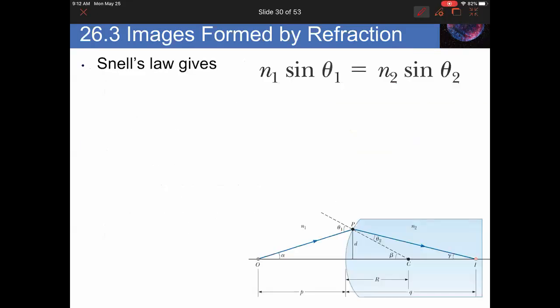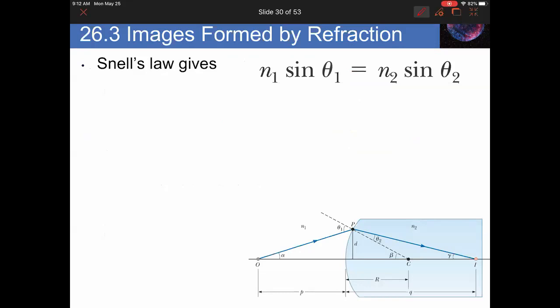So remember Snell's law: n1 sine theta 1 equals n2 sine theta 2. This type of image is a little bit different from the thin lenses that we're going to consider a little later on. Here we're assuming that the image will be formed in a different material than air.